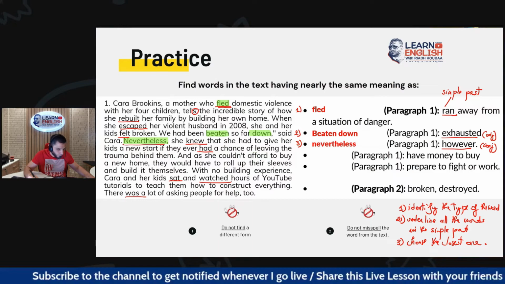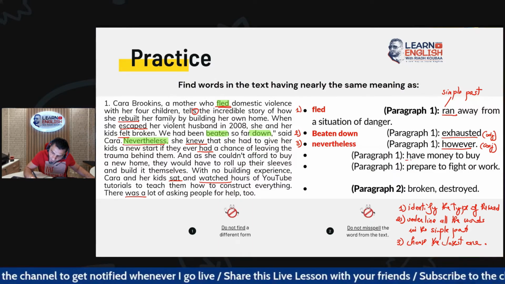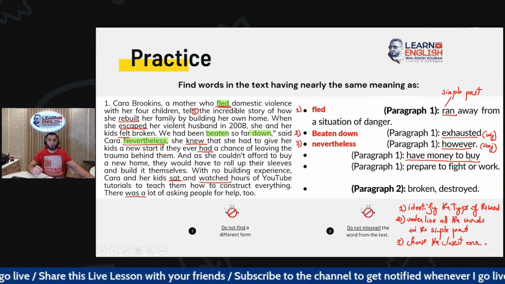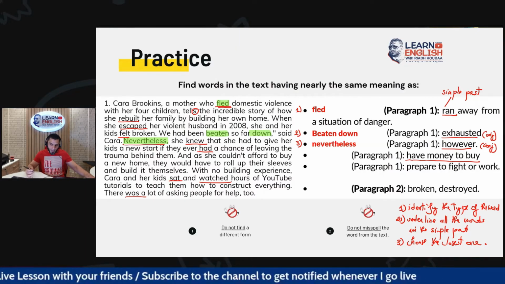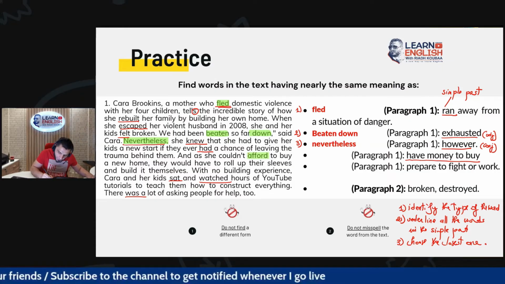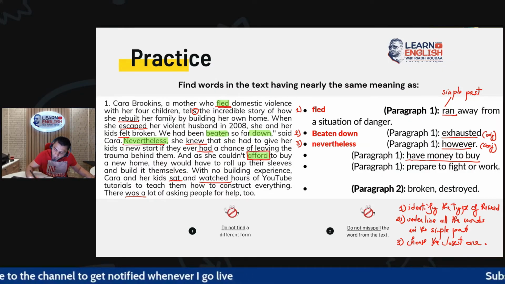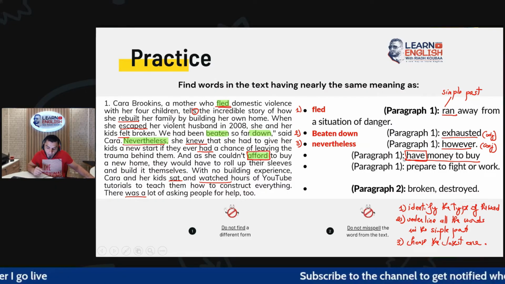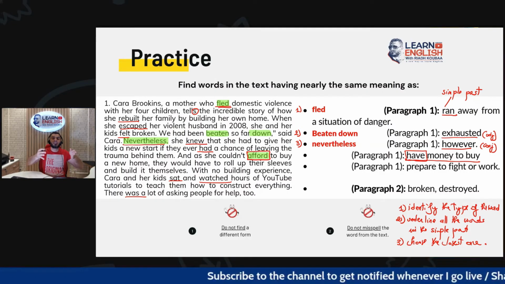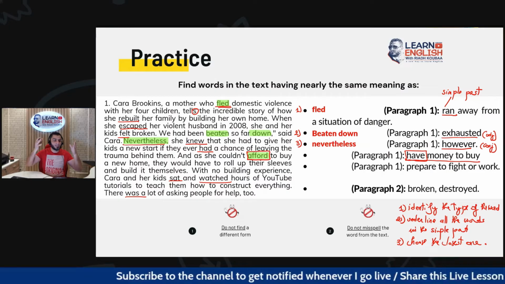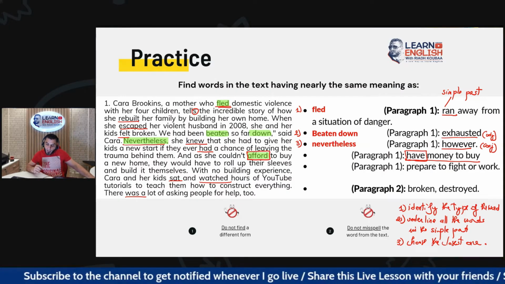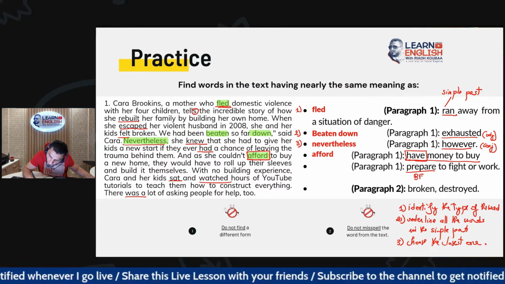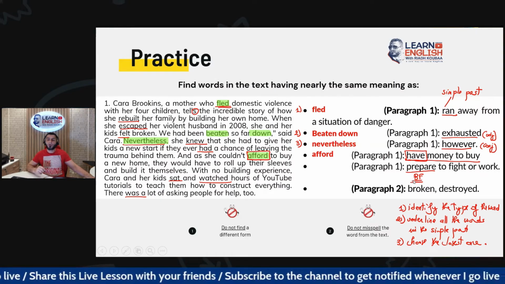Moving on. So I have to find a verb with the same meaning as have money to buy. So what is it? It's afford. So you see here, it's in the base form. So I have found a verb in the base form, so it must be the same form, the must structure. Then prepare, base form again, to fight or work.